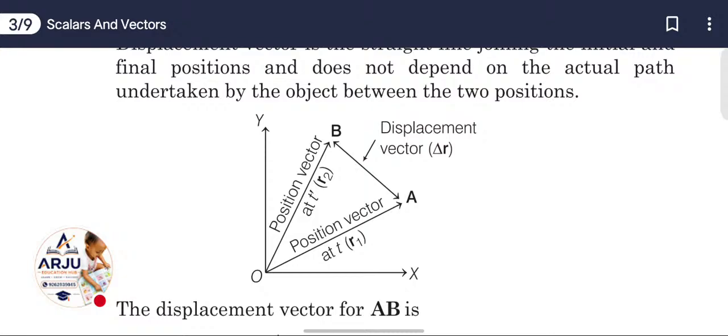Now you can see here, along the x-axis and the y-axis, between both axes the vectors are present. The position vector at t2 is r2 and the position vector at t1 is r1. Here the tails of r2 and r1 are joined at a point, the initial point, and then there is another vector AB, the displacement vector, del r.